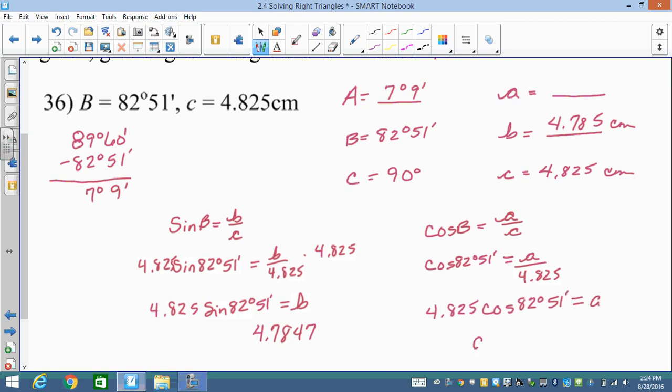You throw that baby into the calculator, and you get a very, very small value of 0.60055. Now remember, we're doing 4 significant digits, so we round to that 4th one. So you get 0.6006 centimeters. Okay, and then we can double check that our answers look reasonable, and they do.